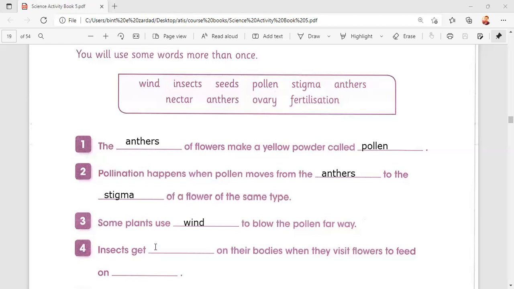Insects get pollen on their body when they visit flowers to feed on nectar. Nectar is like a juice or liquid. Insects like nectar so much.